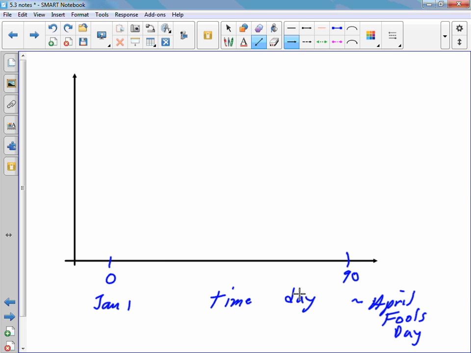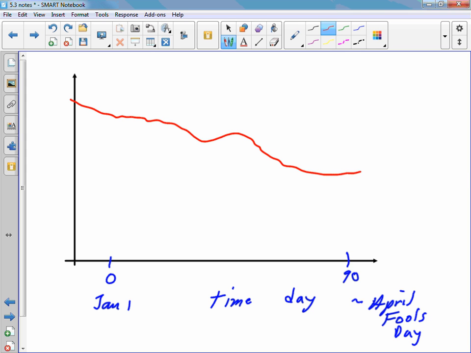And this year is a different year in terms of it's kind of warm. But in general, what would this function look like? Yeah, Hannah. It would decrease. In general, it's cooler January 1st, and it would have some bumps, but in general, it would decrease because it gets a little bit warmer into March. You track athletes are glad for that, right?